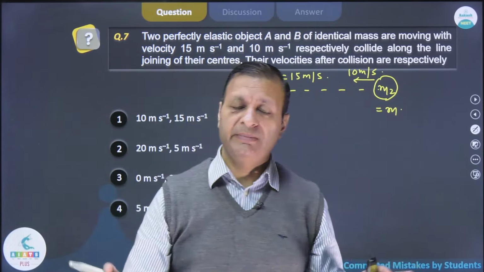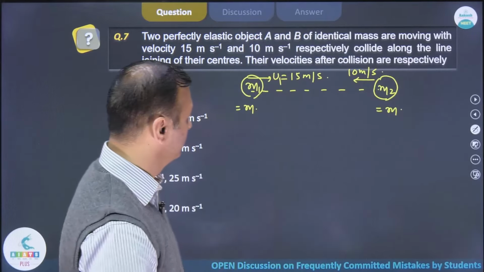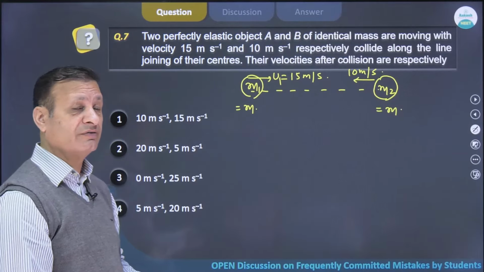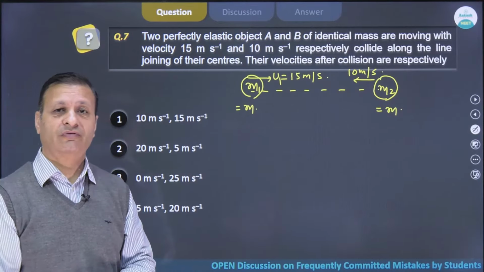This is a very fundamental question because this is an elastic collision. Though we have conservation of momentum and conservation of kinetic energy, I would like to give you the direct formula.